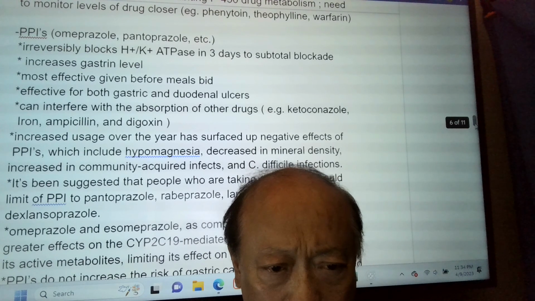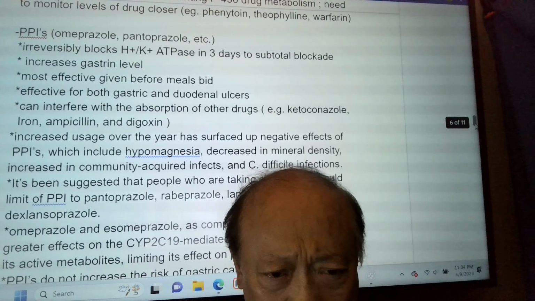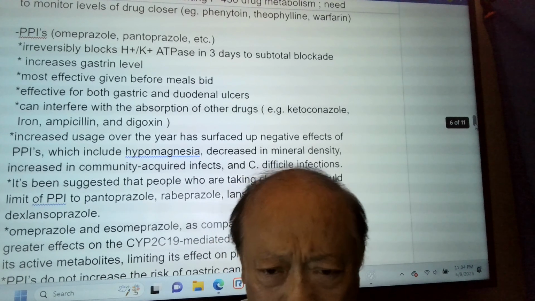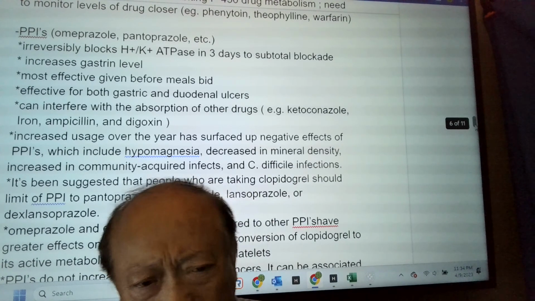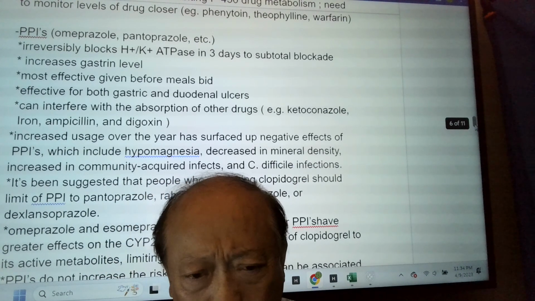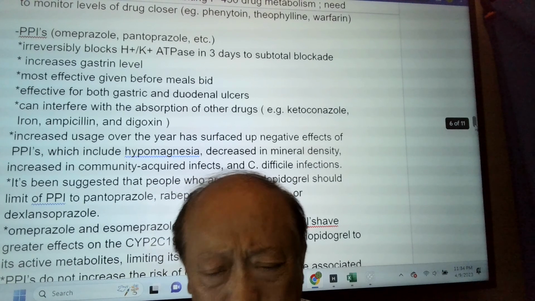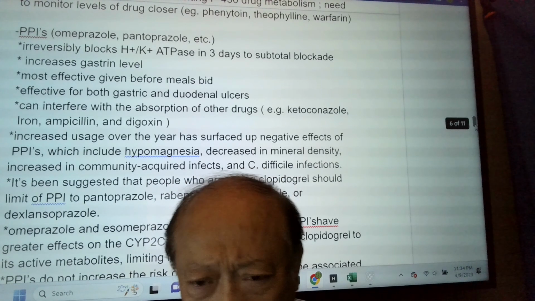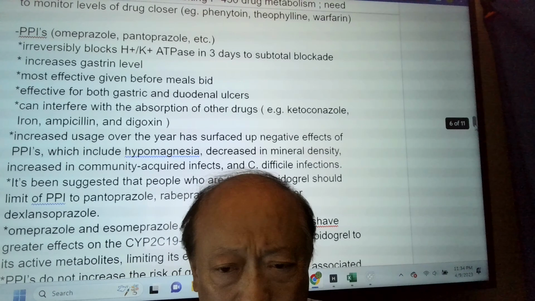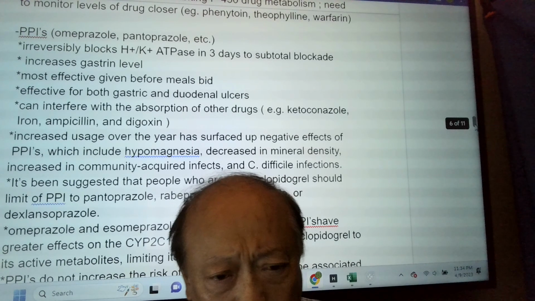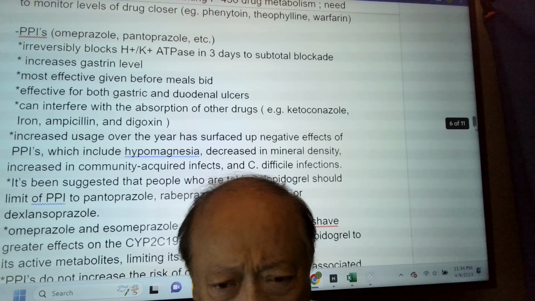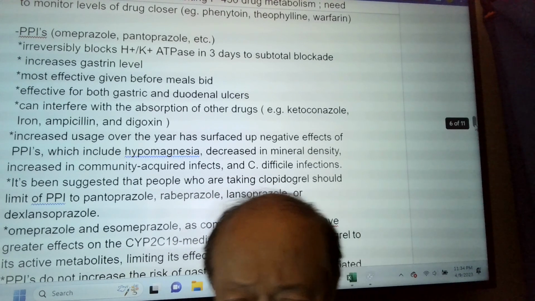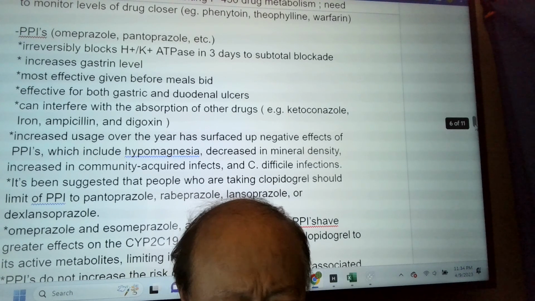But PPI increased usage over the years has surfaced negative effects of PPIs, which include hypomagnesemia, decreased bone mineral density, and an increase in community-acquired infections, C. difficile infections.